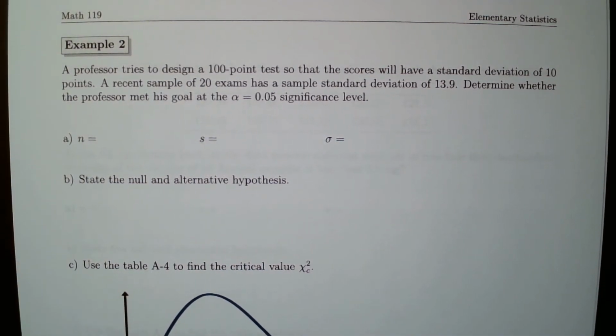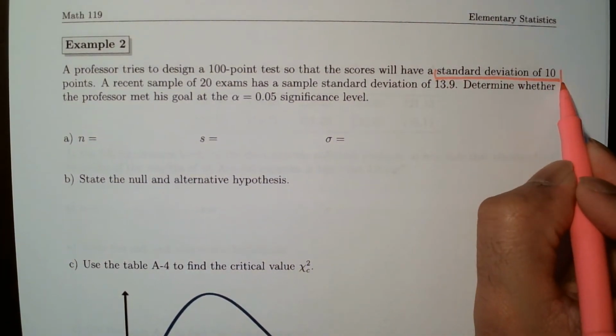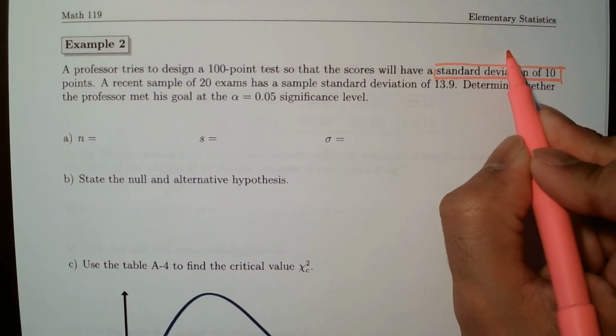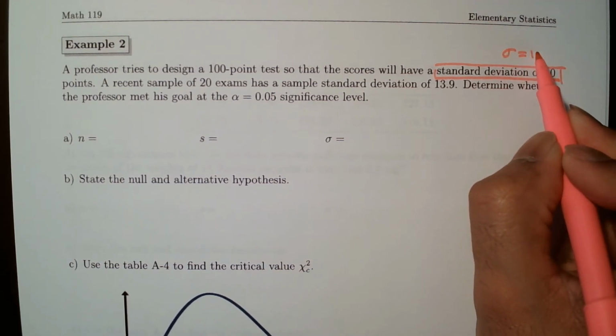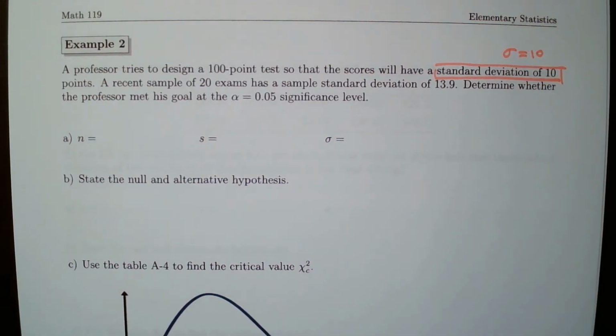So let's see. In this case, we don't see anything like exceed or is less than, so it's going to be a two-tailed test because the scores will have a standard deviation of 10. That means standard deviation equals 10. But when we have the equal sign, where does that go?